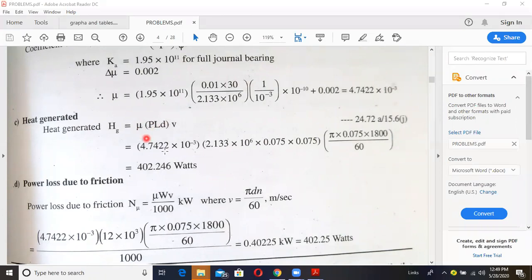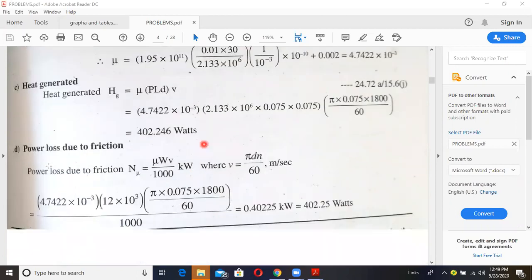Substitute mu, P, L, D, and V is equal to pi D N divided by 60. Then you will get Hg as 402.24 watts. Now the amount of heat generated is 402.24 watts.